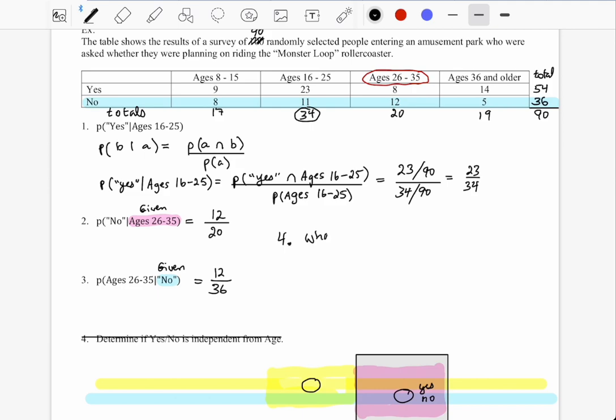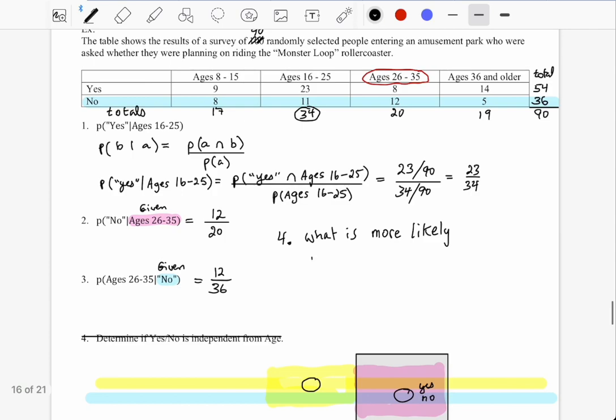So, new number 4. What is more likely? The probability of saying yes, given that you're old, or, and we know being over 36 is not old, but in comparison to the 8-year-olds, yeah.